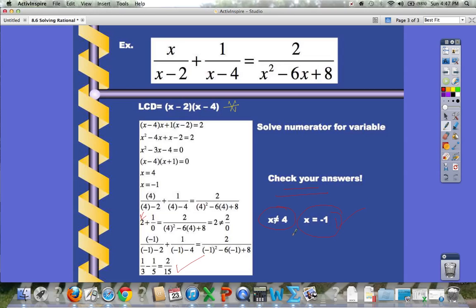Now I'm going to tell you, on an SOL, they are going to have the answer like this, the answer like this, the answer like this, because they know that students get somewhat tired or lazy and don't check their answers.